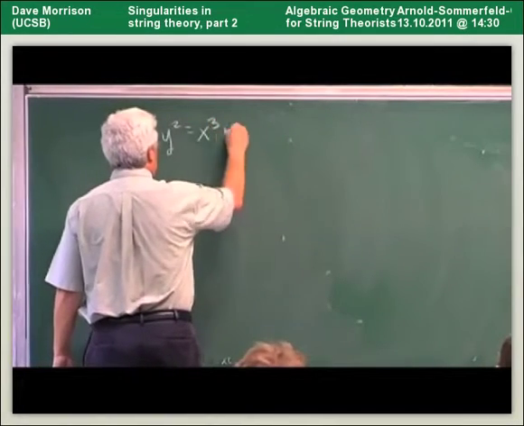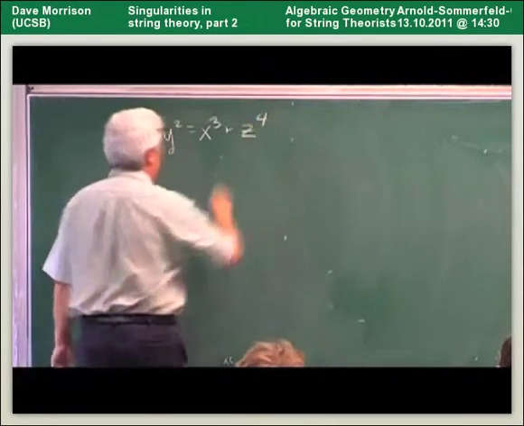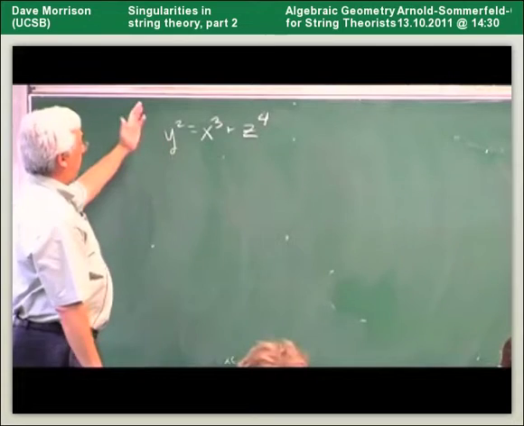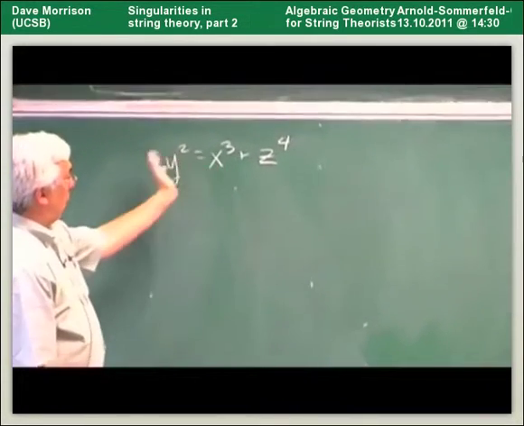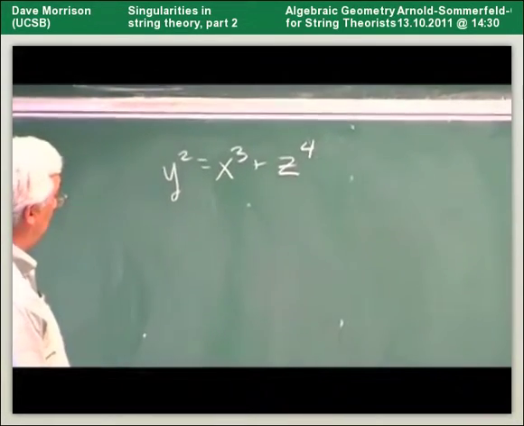That was my E7. So my equation is y squared equals x cubed plus z to the fourth. And the deformations are given by, well, naturally enough, by deforming the equation, adding on some other terms to the equation.